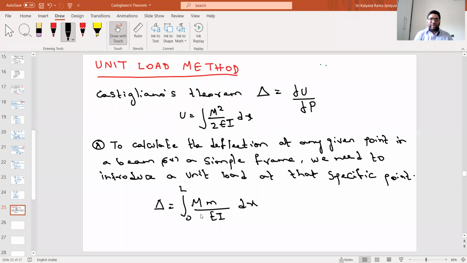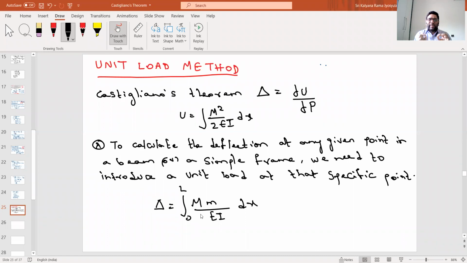We have also learned the concepts of gradually applied load and suddenly applied load, the load versus deflection curve, P delta, half P delta, and the strain energy. Everything has been covered. So now in this unit load method, it's only a two-step process.